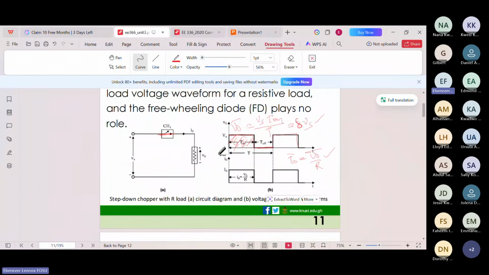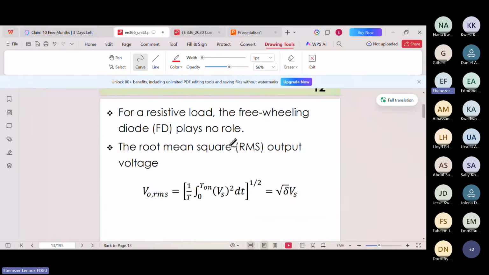To get the square of the area, you first square V S, giving V S squared multiplied by T on.